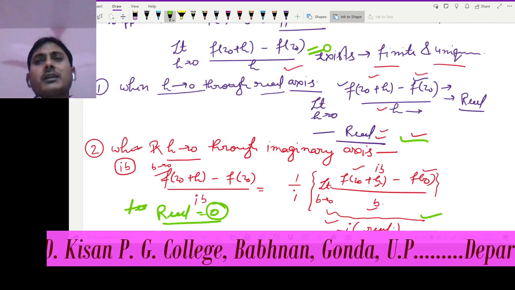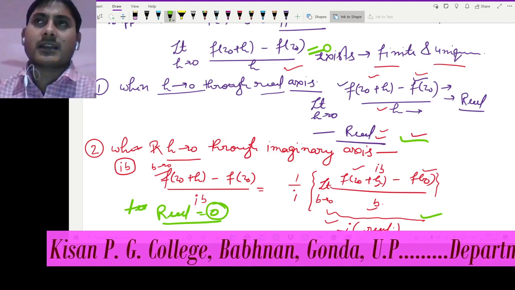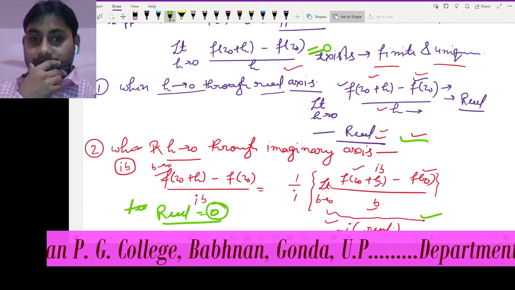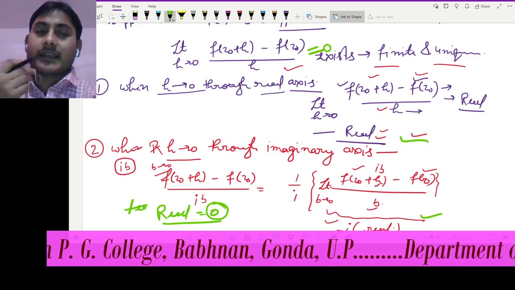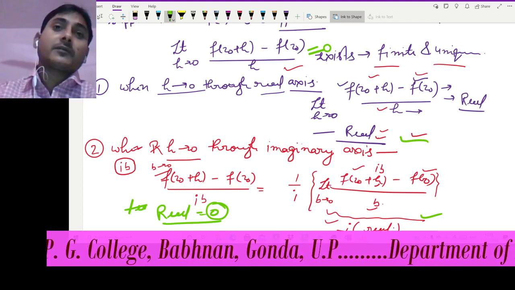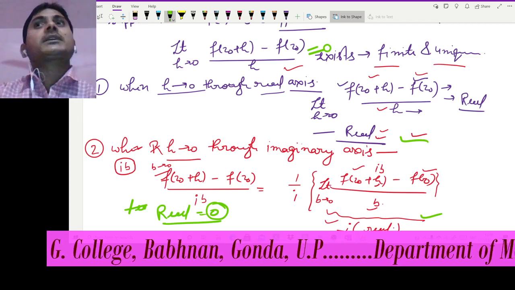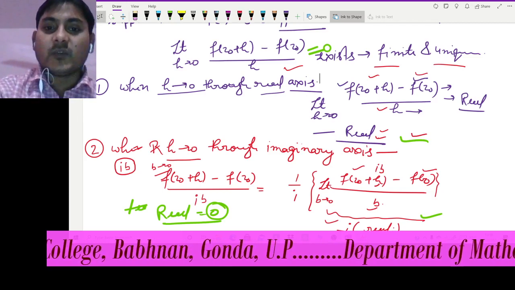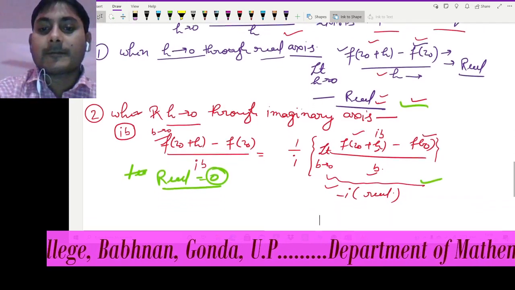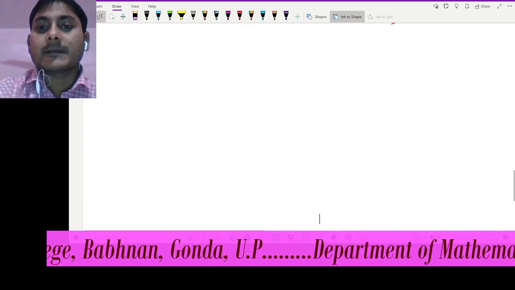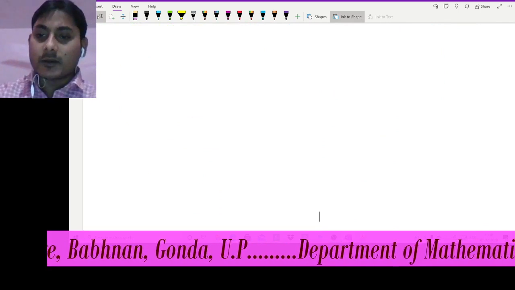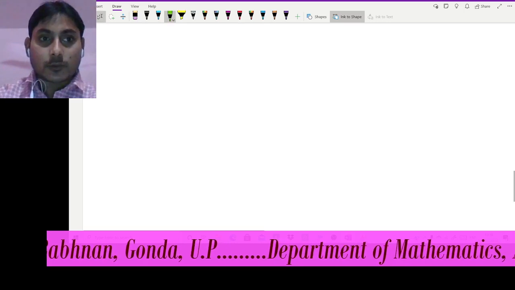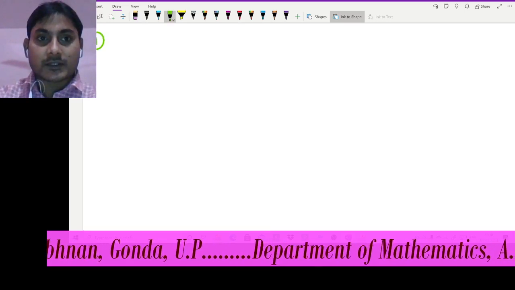Whenever we require, I will use this kind of function, but usually we take complex valued functions of a real variable or complex valued functions of a complex variable in our whole discussion. In the coming discussion also I will treat that. So now we are left with these two functions.